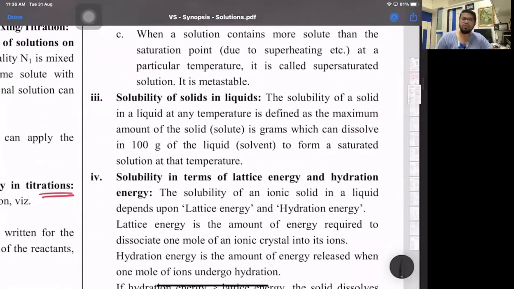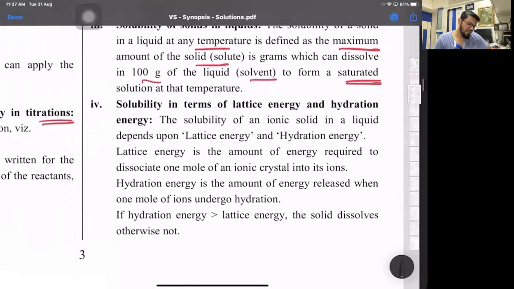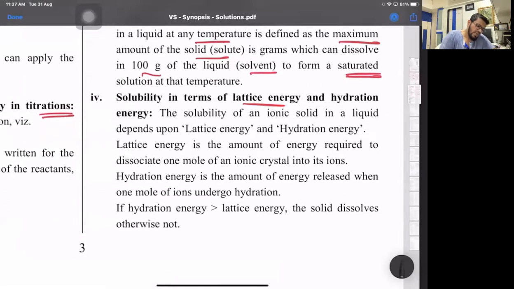Then solubility of solids in liquids. The solubility of a solid in a liquid at any temperature is defined as the maximum amount of solute, that is a solid, dissolved in 100 grams of a solvent to form a saturated solution at that temperature. Then solubility in terms of lattice energy and hydration energy.